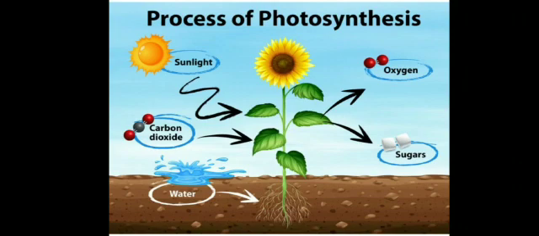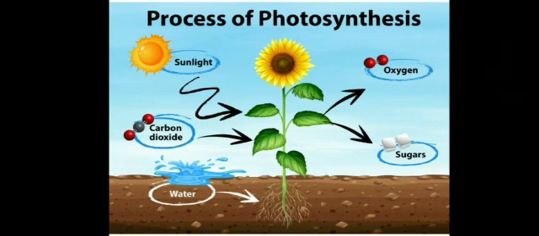Glucose is a kind of sugar. When we fall ill, we are given glucose. Similarly, this plant takes energy from the sun, takes carbon dioxide from the atmosphere and water, and converts and makes their food in the form of glucose.